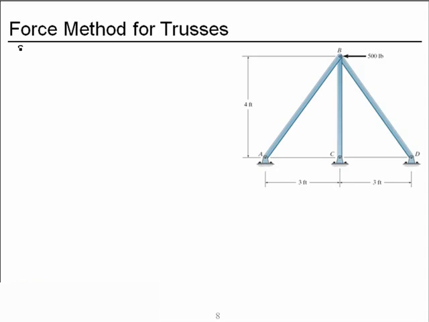Now step 6. We'll apply equations of equilibrium to find the remaining member forces. So let's go to joint B and we'll apply method of joints there.